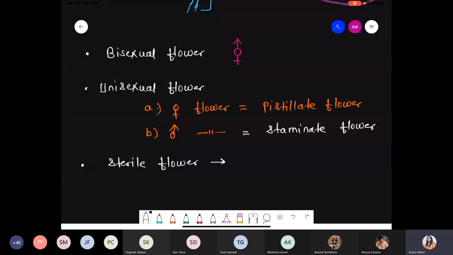Please don't get confused between the male flower and the sterile flower. The suffix is different in the two. Staminate we use for a female or male flower, whereas whenever you use the word staminode, remember it is an example of a sterile flower. Got it?